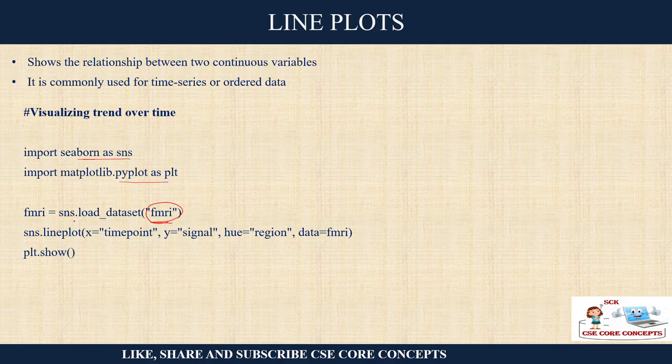Since the fMRI data set is inbuilt in Seaborn, we load it and assign it to a data frame. Then using the alias of the Seaborn library, we call the line plot, where you have to give the x-axis and the y-axis. I will show you the plot based on those features.